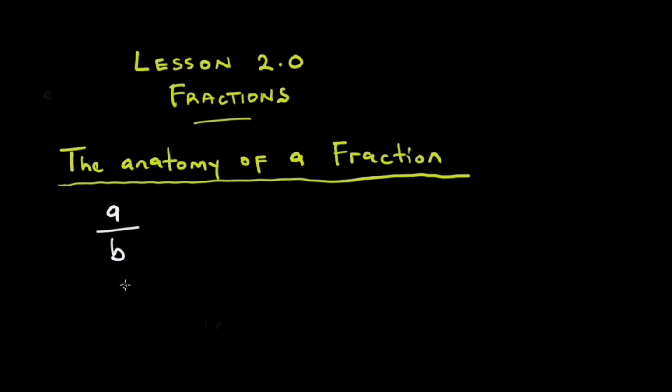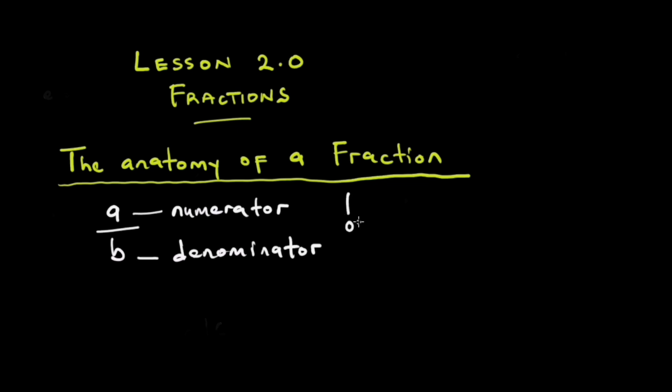Saka generally fraction redu rinenge rakadai so. A over B. Saka A inonzi numerator. Then B inonzi denominator. Vamwe vanoti zvinomunetsa. Denominator. Then tikatarisa panapa tirikuona kuti A over B zvinongoreva kuti A divided by B. Saka instead of saying numerator denominator tinogona kunyora zvakadai so.